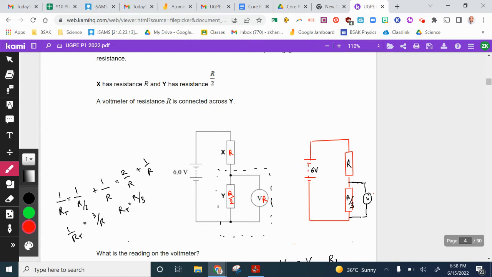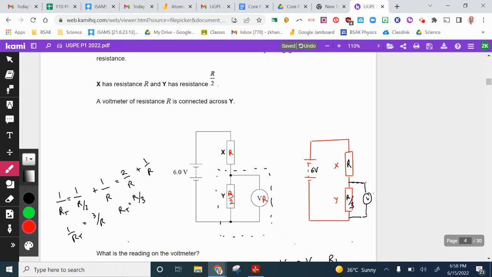How we do this is 1 over the resistance here plus 1 over the resistance here, which is R. That will give you 2 over R plus 1 over R, and that's 3 over R. We have to flip it to get the total resistance of these two components, which is R over 3. So we're assuming this acts as a single resistor of R over 3. There's your X and there's your Y.